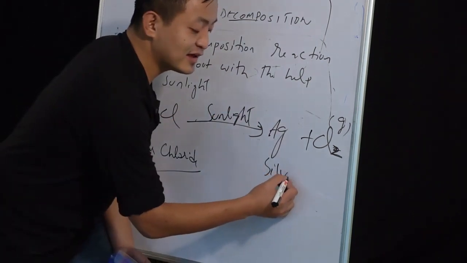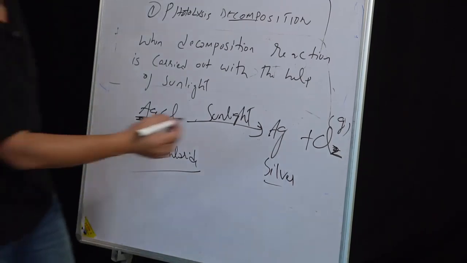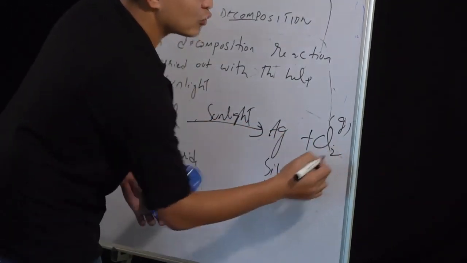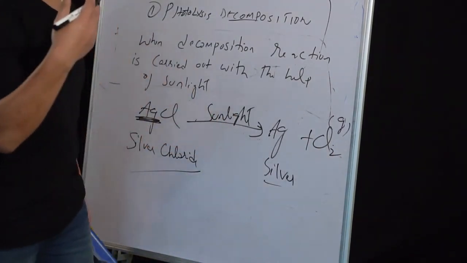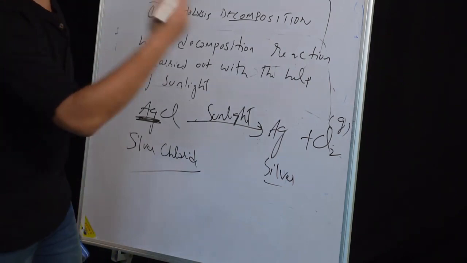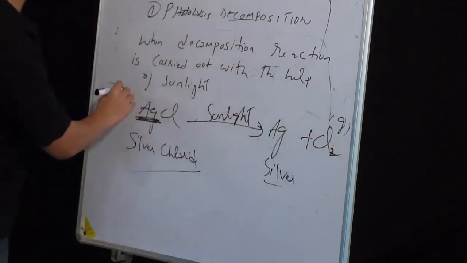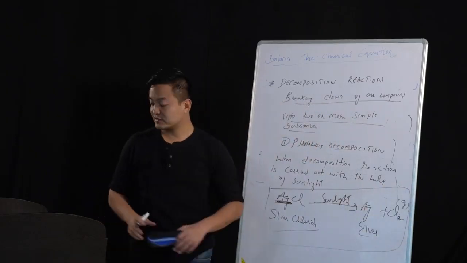And Cl is gone in the form of gas. And why have I written Cl2 here? Because chlorine is a non-metal. It is a gas. So whenever we are writing chlorine alone, it needs a backup, Cl2. So write Cl2 here. So this is the example for photolysis decomposition.